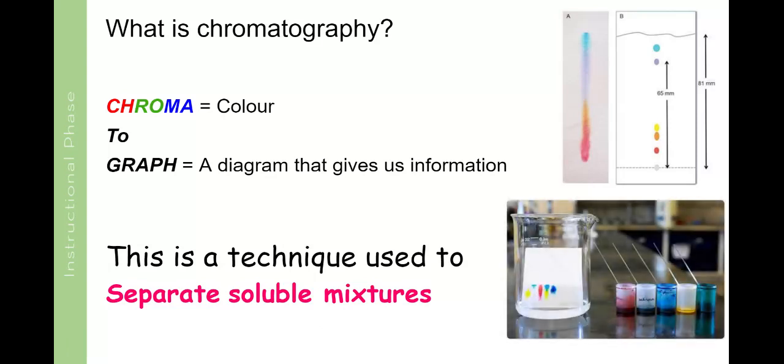And you should remember completing chromatography at Key Stage 3. I think you should have done it with black pens, and you should have realised that actually the black ink is a mixture of different components. It's not just one pigment, it's not just one dye, one colour.